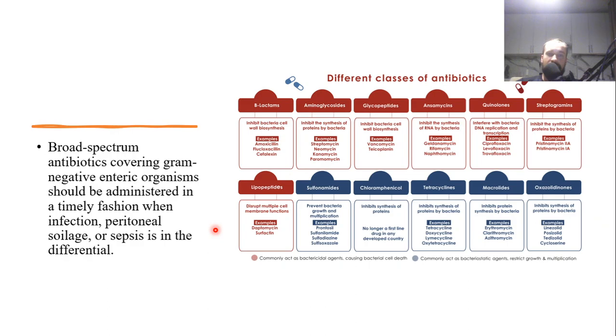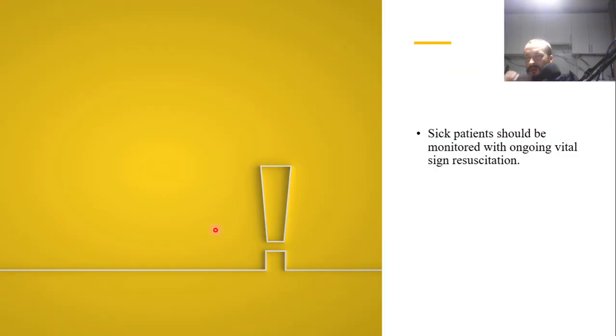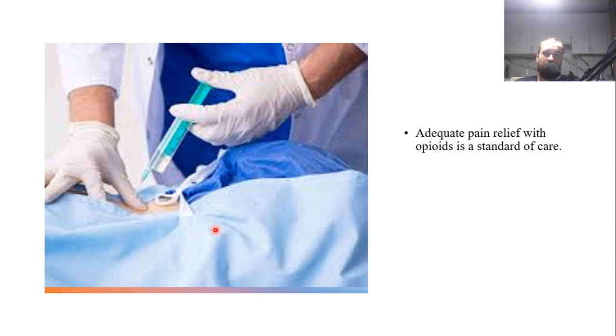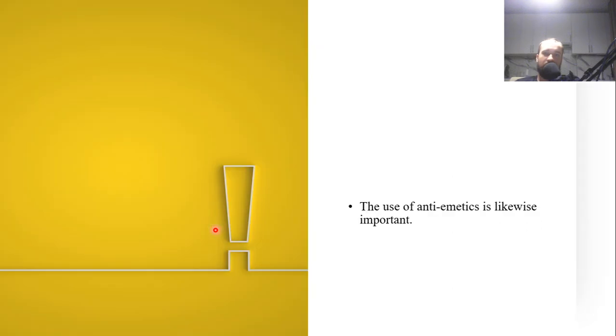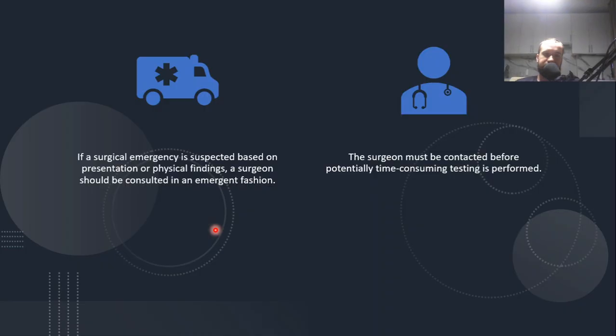There you can find all antibiotics, all classes. Please remember this one. Sick patients should be monitored with ongoing vital sign resuscitation. Adequate pain relief with opioids is a standard of care. The use of antiemetics is likewise important.